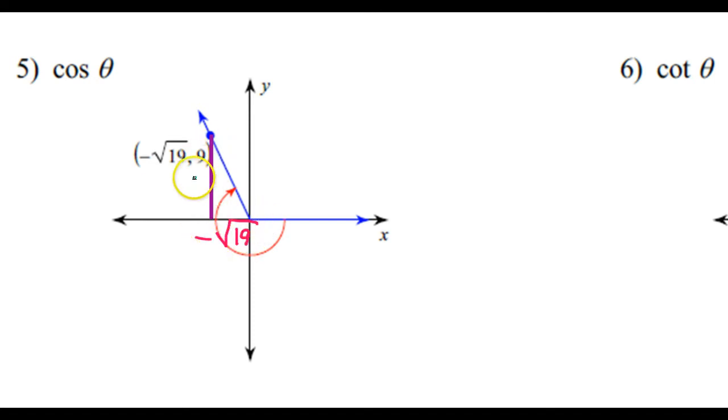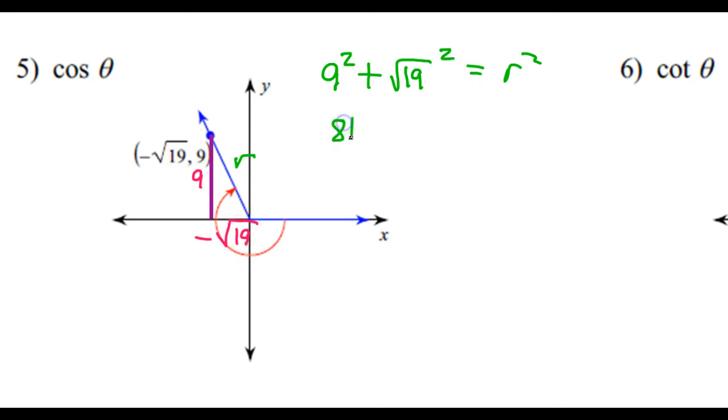My y value is 9, so that must be this vertical side of the triangle. We need the hypotenuse, the radius. And a squared plus b squared equals c squared. So I'm thinking 9 squared plus radical 19 squared is equal to r squared. Again, I'm leaving out the negative sign because I know when I square something it becomes positive anyway.